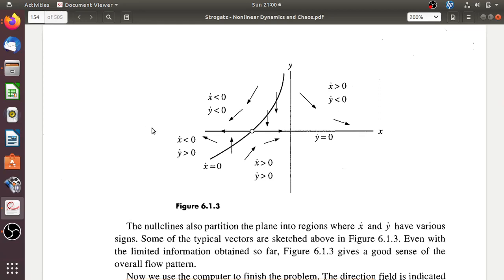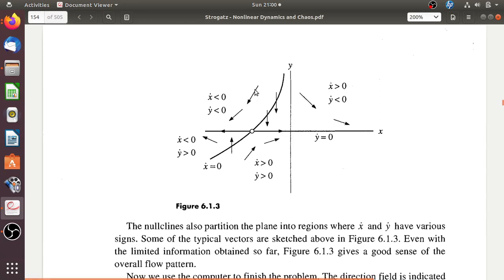Okay, so we could draw the vector field for the null lines, and in these regions we know that, say in this region, the vector will be like this because x dot is also negative and y dot is also negative. But how much, we do not know.